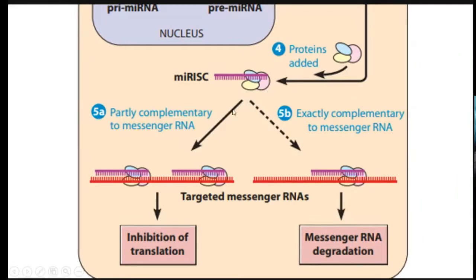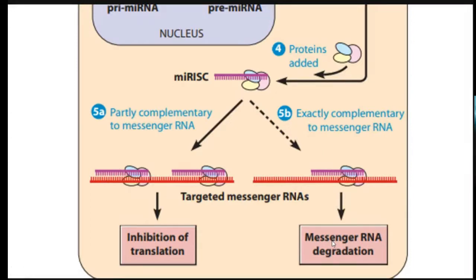And if it is only partly complementary to your messenger RNA, again, only inhibition will happen. But if the sequences are exactly complementary, the microRNA used and the target messenger RNA, the slicer protein will degrade your messenger RNA.